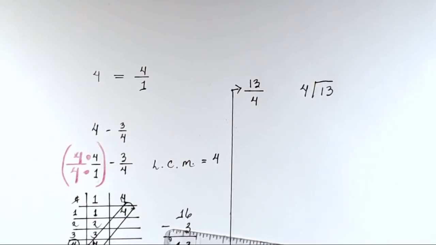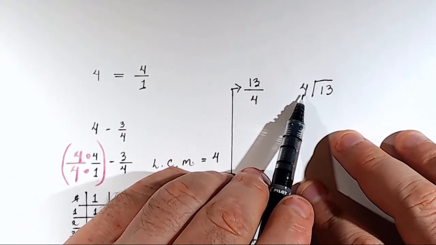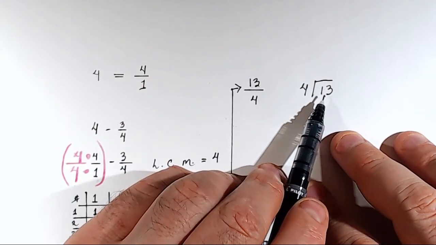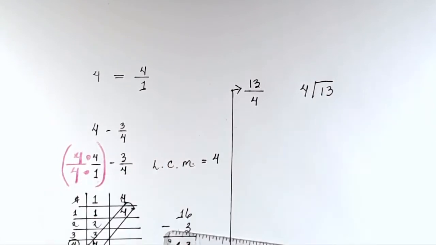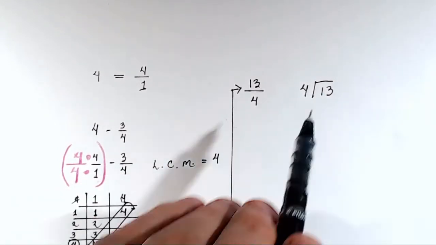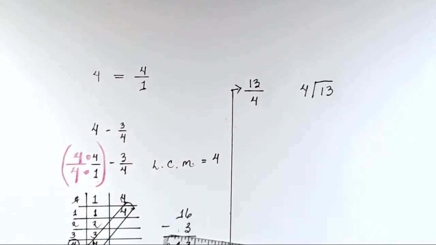Now let me show you exactly how I want you to do this. First, you ask yourself, how many times will 4 go into 1? Okay, well, 4 doesn't go into 1, so you just move to the next digit. How many times does 4 go into 13? 4 times 2 is 8, 4 times 3 is 12.